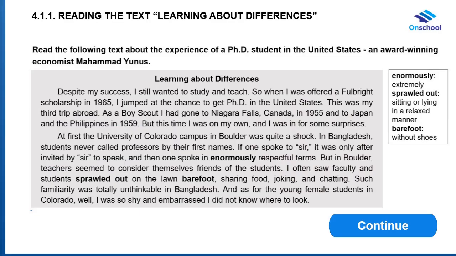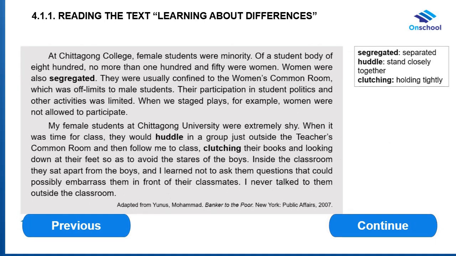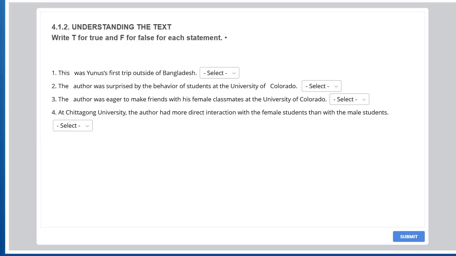I would like to ask you to spend some minutes reading the text and then answer the questions under it. You can see the list of new words on the right of the text. To understand the text better, let's do the reading comprehension on the slide.